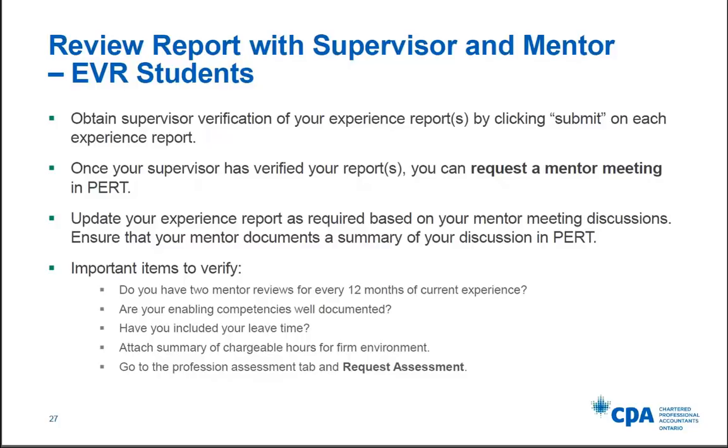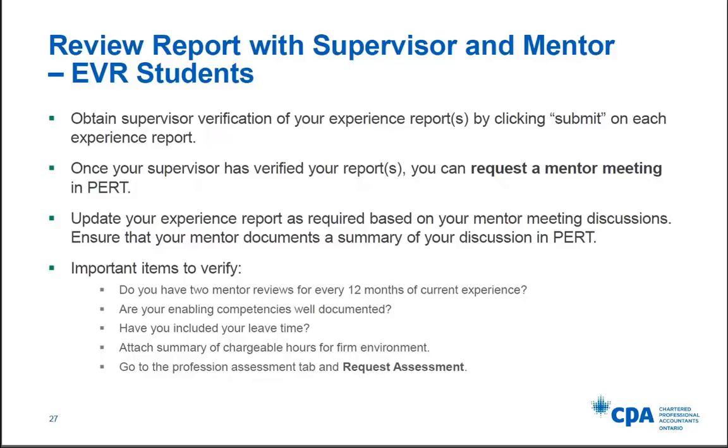Once you have obtained supervisor verification of your experience report, you would do that by clicking submit on each experience report. Once the supervisor has reviewed and verified the factual accuracy, you should request a mentor meeting and discuss your report, specifically your enabling competencies, with your mentor.